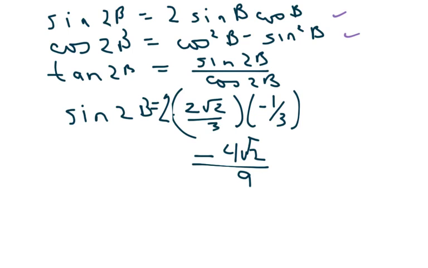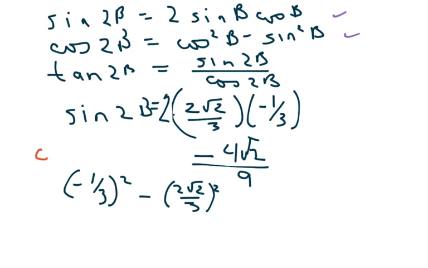And for cosine of 2 beta, we're going to get -1/3 squared minus 2 root 2 over 3 squared. Again, this is for cosine of 2 beta. That's 1/9 minus 8/9 equals -7/9.